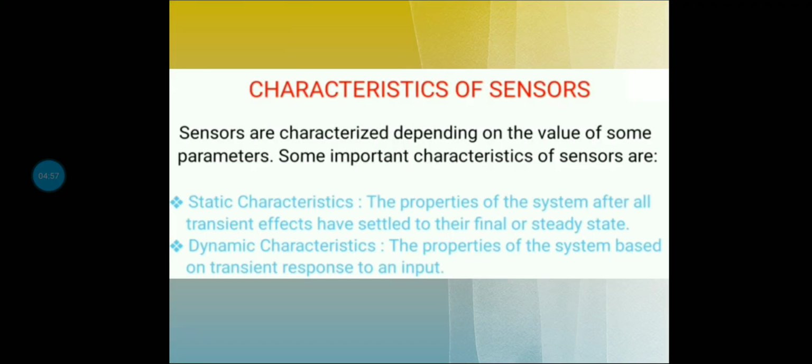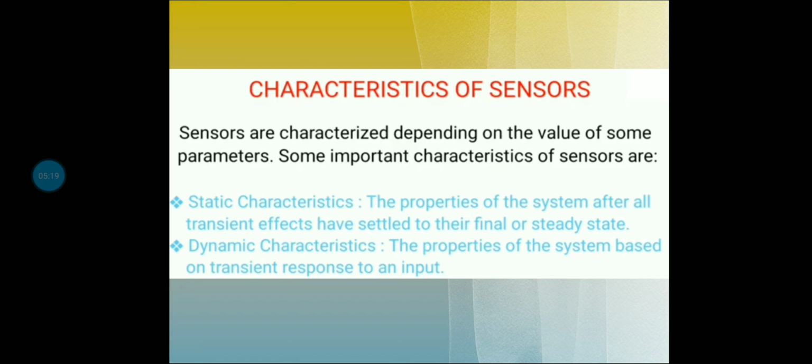So the characteristics of sensors. Sensors are characterized depending on the value of some parameters. Some important characteristics of sensors are static characteristics and dynamic characteristics. Characteristics have been divided into these two main types, static and dynamic. Static means the properties of the system after all transient effects have settled to their final or steady state.